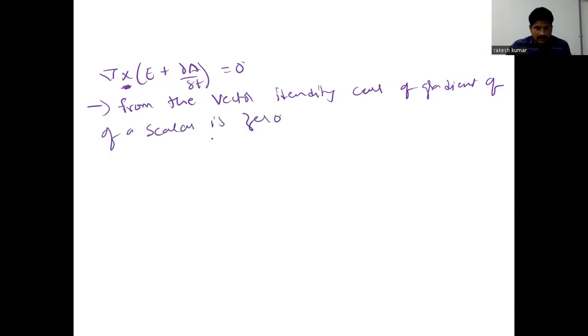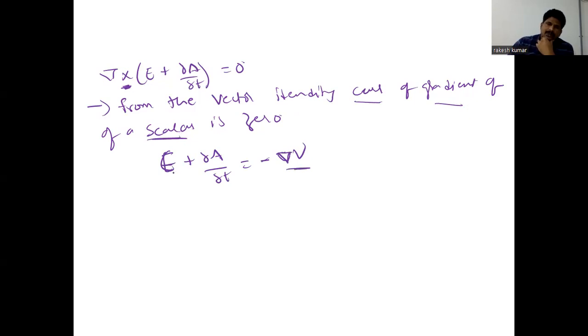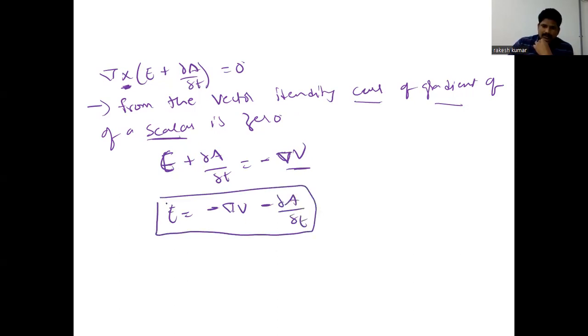So it is clear that curl of E plus dou A by dou t is equal to minus del V, where this scalar is V. So E plus dou A by dou t is equal to minus del V. From this, E is equal to minus del V minus dou A by dou t.